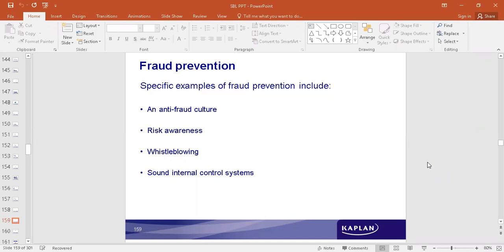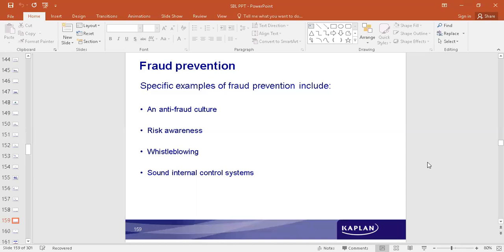So there is a risk register which has details about what possible risks can happen in the organization, based on past experiences or general awareness about that industry.